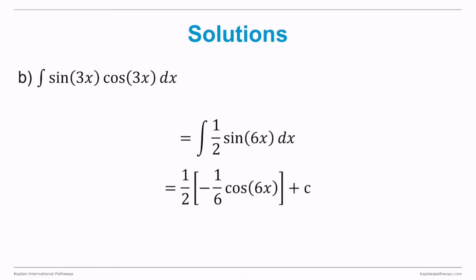Okay, so this is for the 3x. As I said, it's going to be double. So sine 3x cosine 3x is going to be 1/2 sine 6x, yeah, sine 6x.